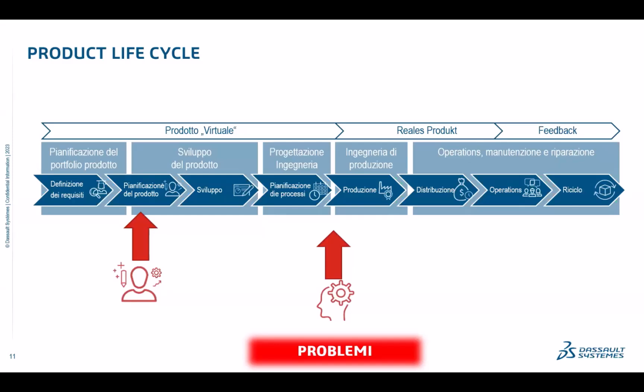Then managing this kind of change that comes from production could be a little bit tricky, because we need to involve more people, we have more bureaucracy, and maybe we have more procedures to respect.